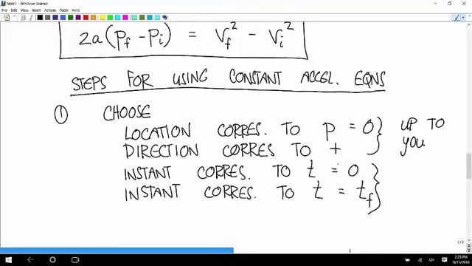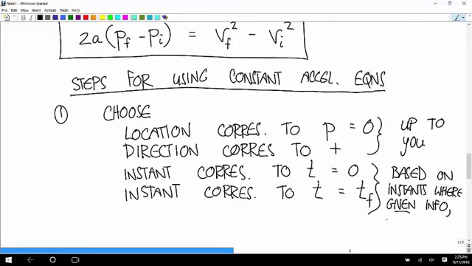So these choices have to be based on the instance where you're given information or you want to find information.